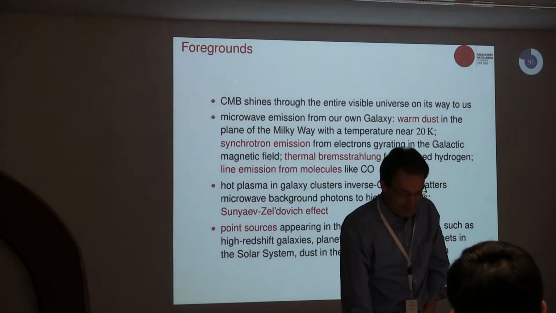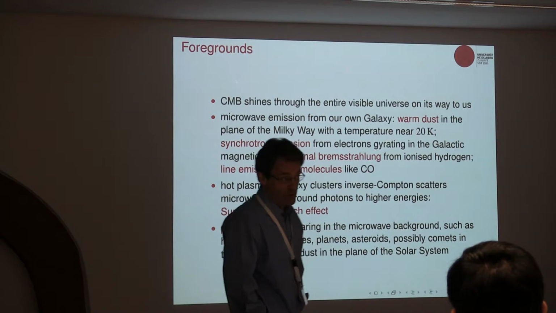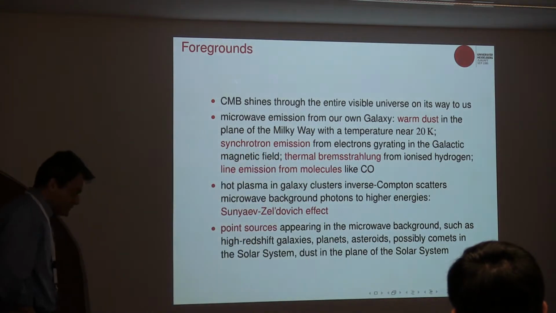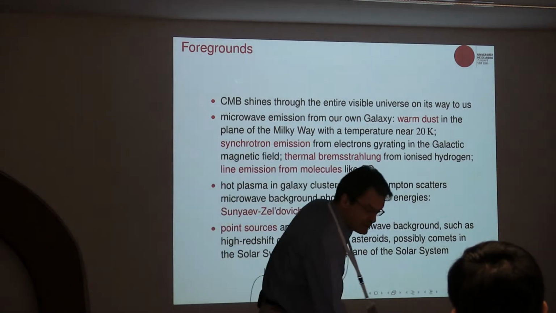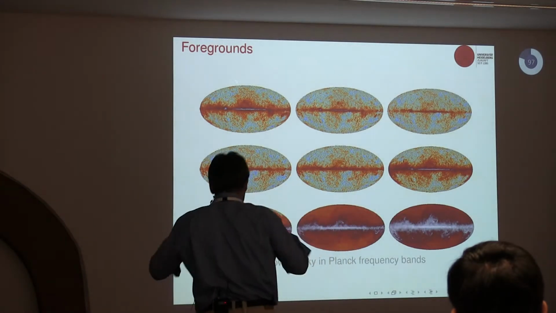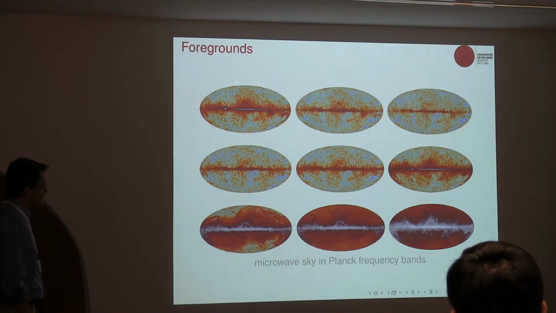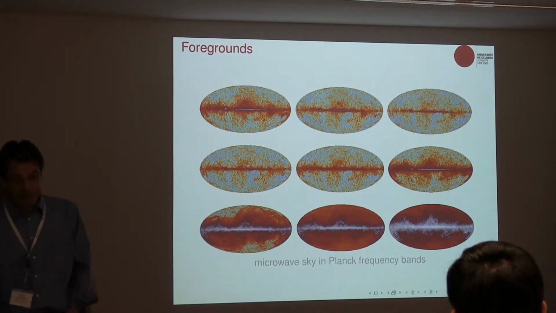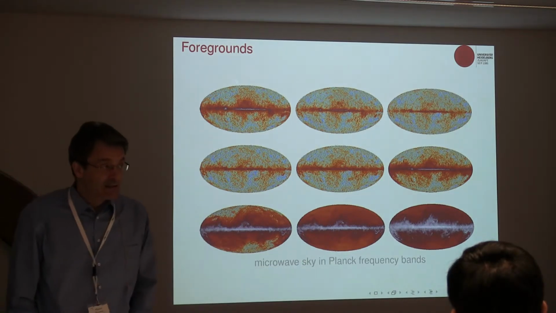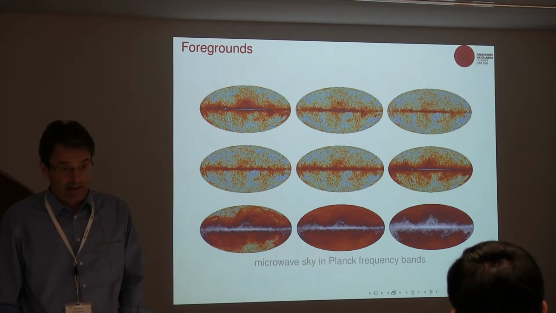To some degree. The problem are the foregrounds. So let me show you a nice collection of maps. This is also from Planck 2015. These are maps of the full sky taken in the 9 frequency bands that Planck had.